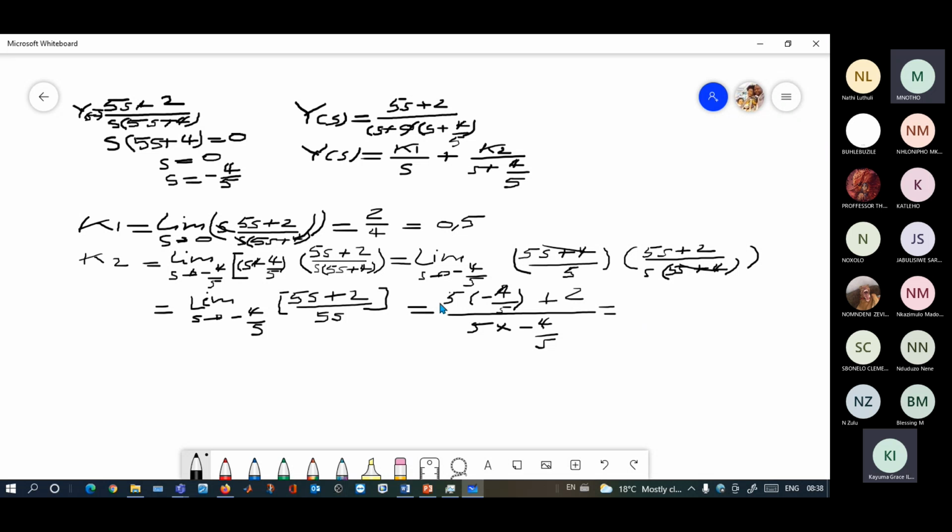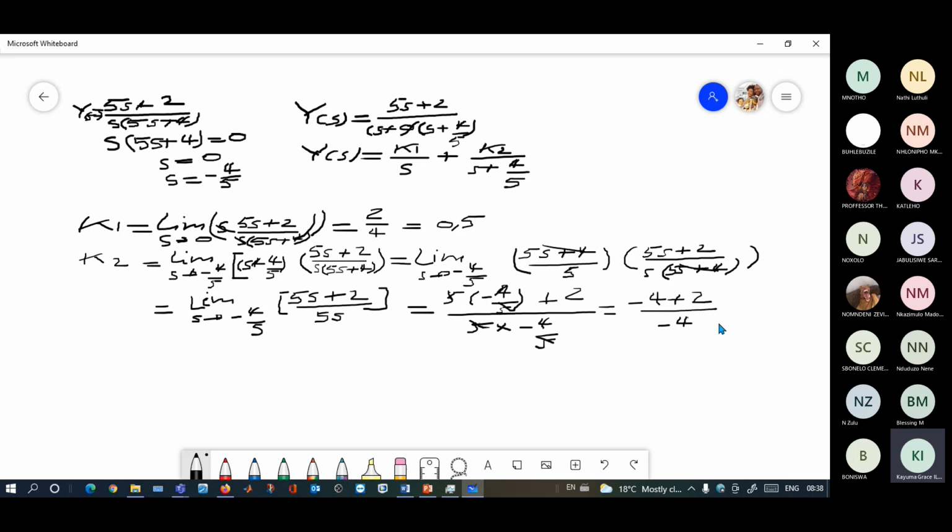Yeah, okay. So we can simplify this 5, that one, this 2 and that 2. So what we're going to have here is minus 4 plus 2 over minus 4.